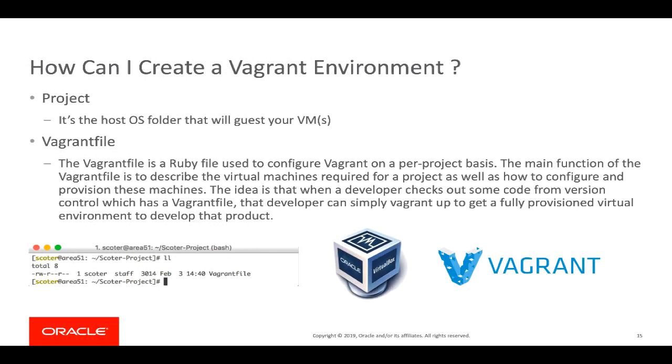Moving forward, let's also introduce other concepts related to Vagrant. The first one is related to the project. What is a Vagrant project? At the end, a Vagrant project is a host operating system folder that will host your virtual machines.